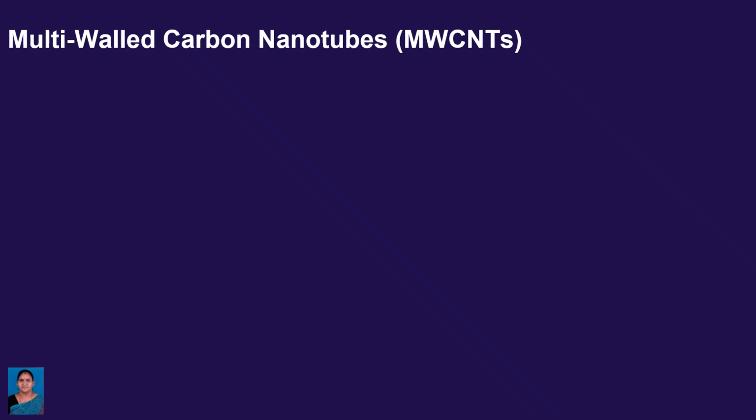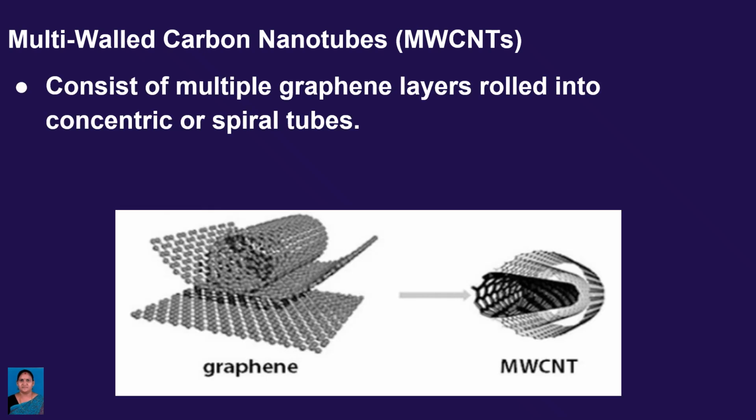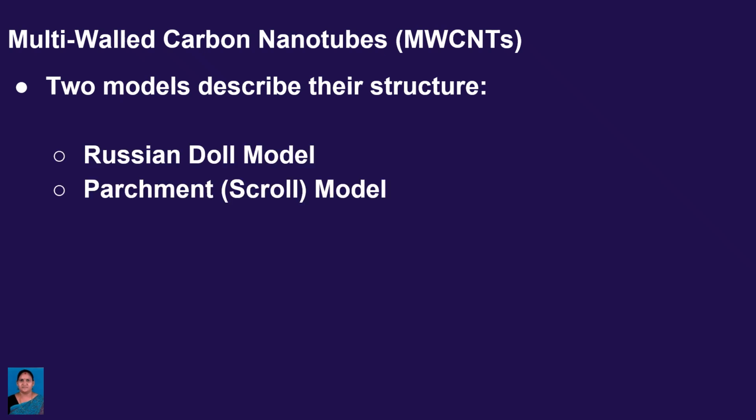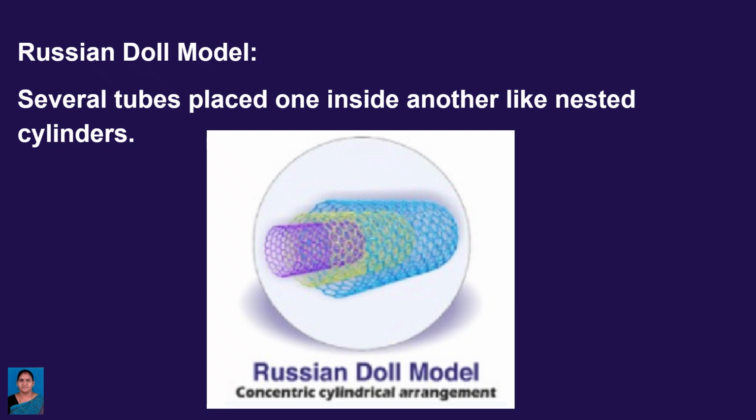Multi-walled carbon nanotubes consist of multiple graphene layers rolled into concentric or spiral tubes. Two models describe their structure: the Russian doll model and the parchment model. Russian doll model: several tubes placed one inside another like nested cylinders.